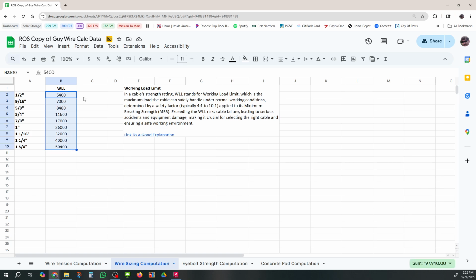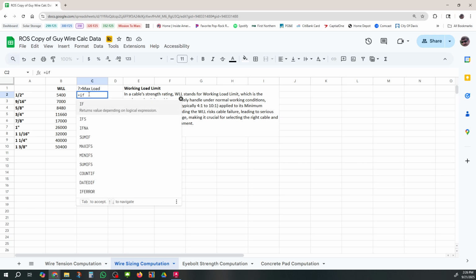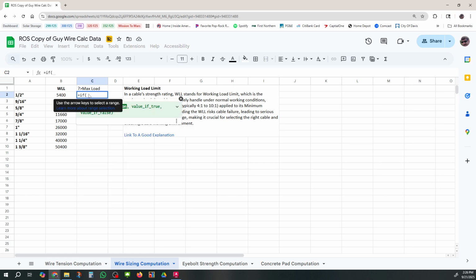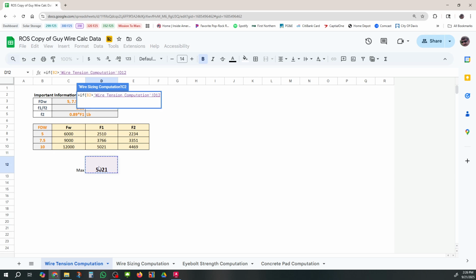So I want to see if that working limit is larger. I'll put a question mark. Is it larger than my max load? So I can say equals if, this number over here is larger than whatever is in that box.